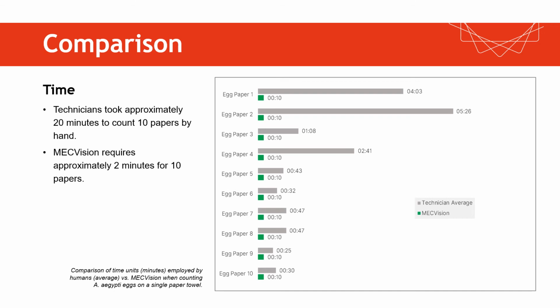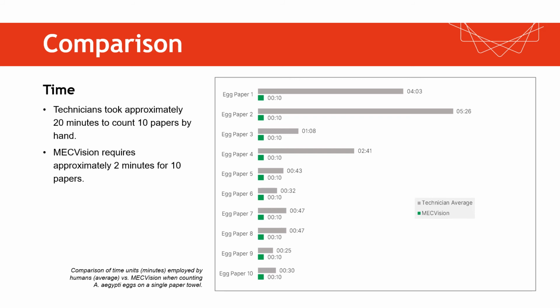You can see that the range for the technicians in doing hand counts was anywhere from 25 seconds with paper number 9, which presumably had very few eggs, to almost 5.5 minutes with paper 2, which we would guess had quite a few eggs. Overall, it took on average about 20 minutes for the technicians to count the 10 papers.